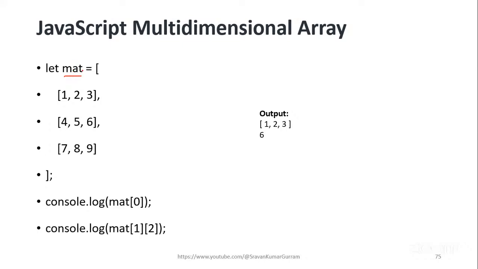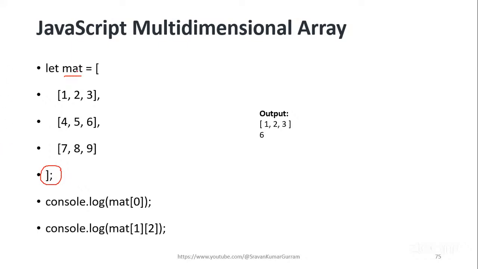You can give any name as per your requirement. Then assignment within the square bracket. Observe here, one square bracket is open and another square bracket is ended, and after the ending square bracket, you must write a semicolon. That represents the ending point of the array. Here that is a multi-dimensional array.